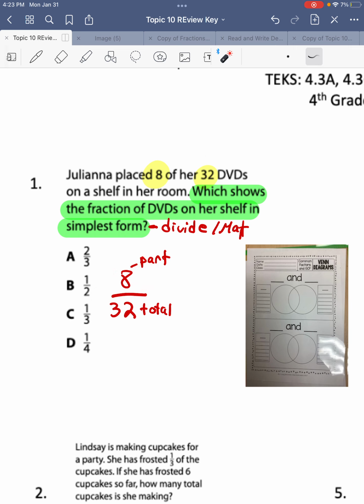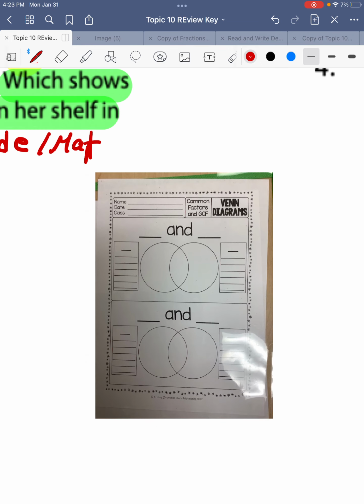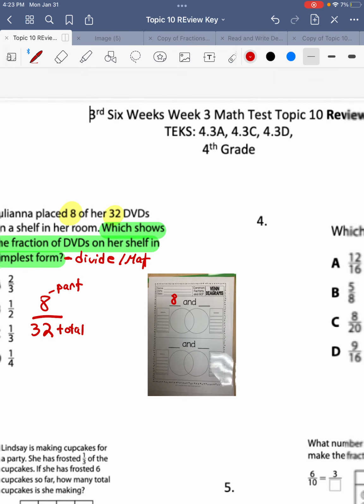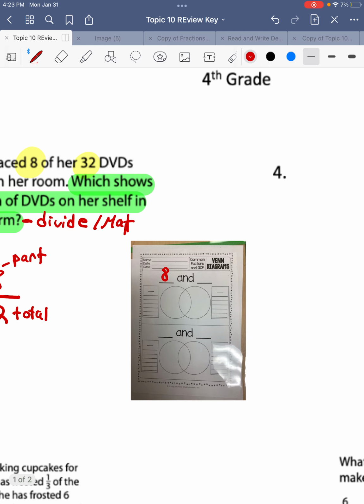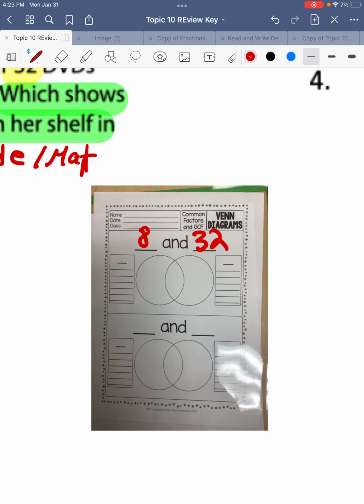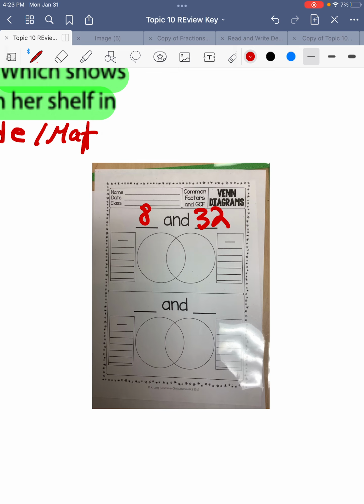So now I need to put this fraction in simplest form. So I'm going to divide, I'm going to use the mat, okay? I'm going to go to my mat, I'm going to put 8 here, I'm going to put 32 here. Now I need to find 2 numbers that I can multiply to get 8.